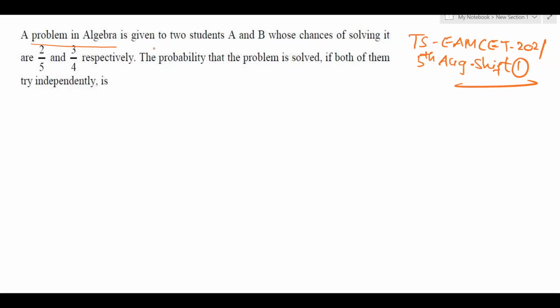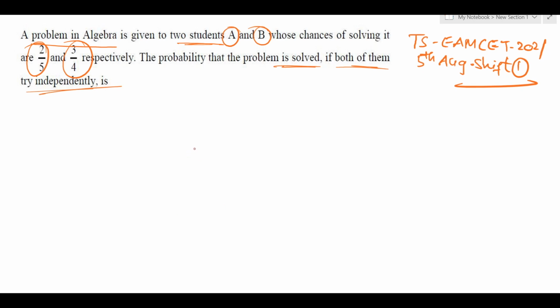A problem in algebra is given to two students A and B. The chances of solving it are 2 by 5 and 3 by 4 respectively. The probability that the problem is solved if both of them try independently is dash. This is TS Eamcet 2021, 5th August shift 1 question.